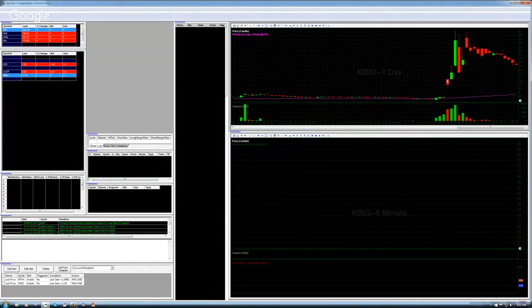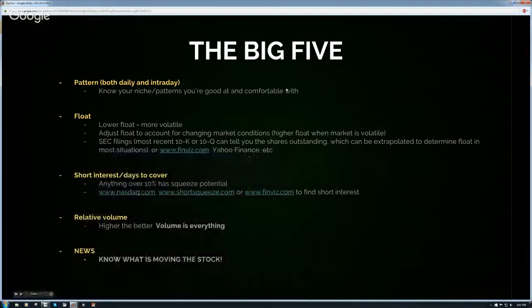The stock gaps up to $11 and goes on a run to 45. From 40 cents to 45 bucks in 6 days. This is because the stock is low float. So the lower the float, the more volatile the stock is going to be, the more explosive it's going to be, the wilder the stock is going to be.